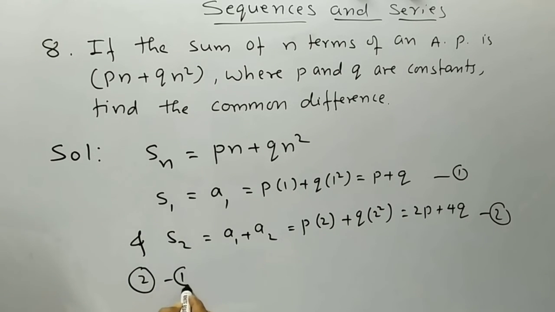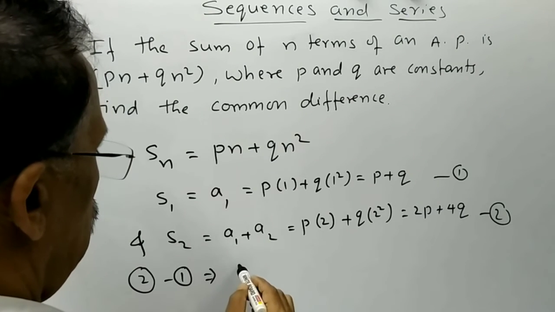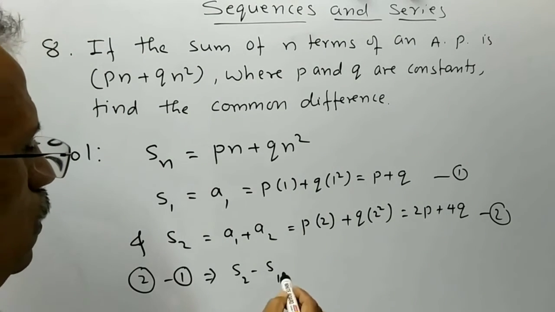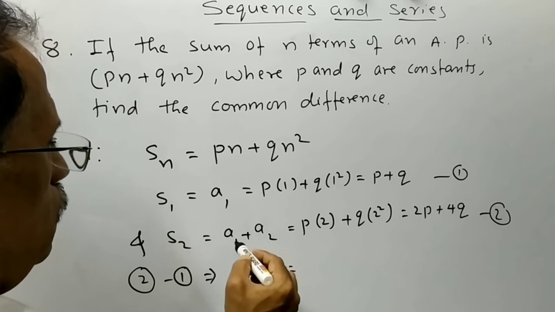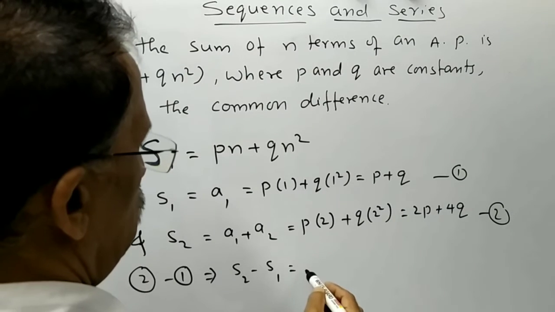2 minus 1 implies S2 minus S1 is equal to a1 plus a2 minus a1. a1 gets cancelled.